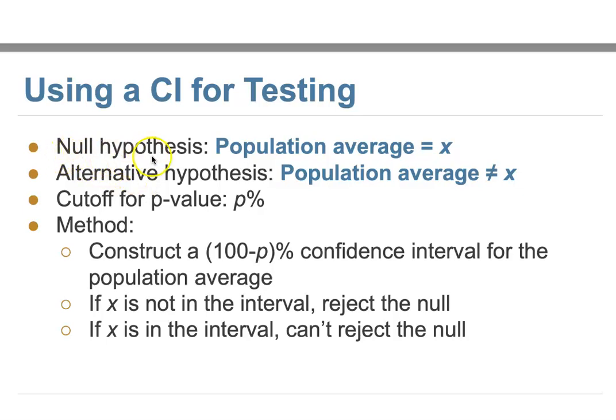Your null hypothesis usually talks about the population average or population median. Remember, usually we use it for that. The null says the population average is exactly equal to one value. So that's our null hypothesis. And of course, you know the alternative hypothesis will be not equal, right? Okay, so that's our hypothesis.